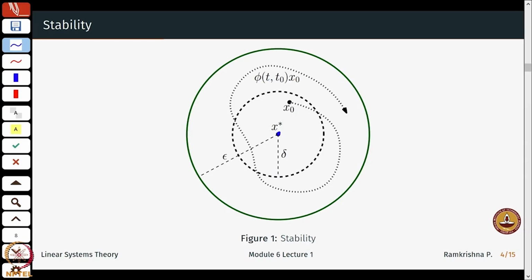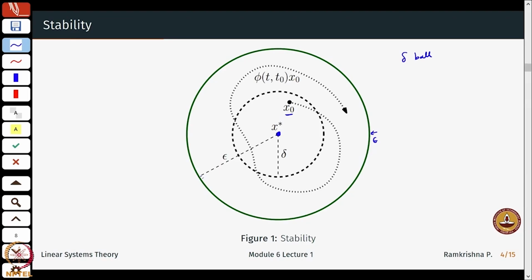Take any initial condition within this delta ball, this x naught. So, if I just see this dotted line, the way it goes, it is always confined to this epsilon ball, which is again the ball centered at x star and of radius epsilon.